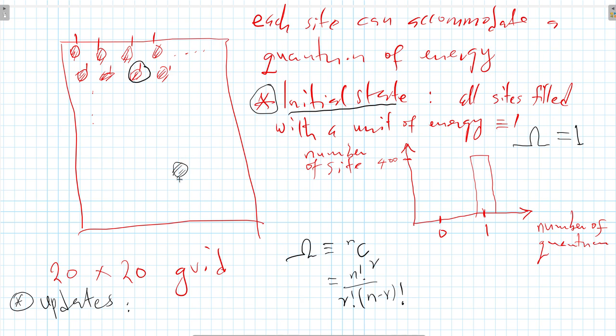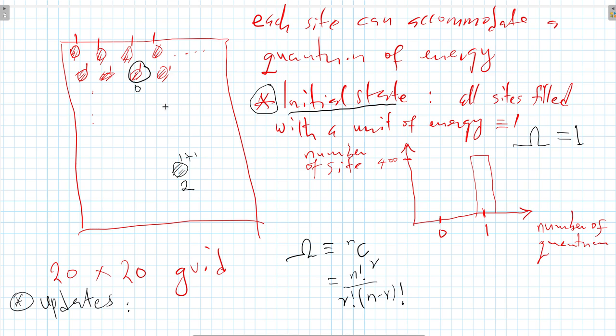Initially that site is 1, because in the initial state all sites are filled with 1. So I add 1 to this randomly chosen second site. At the end of the first iteration of the update, here it's going to be 0 quantum, and here it's going to be 2 quantum. So this is one iteration of the update.